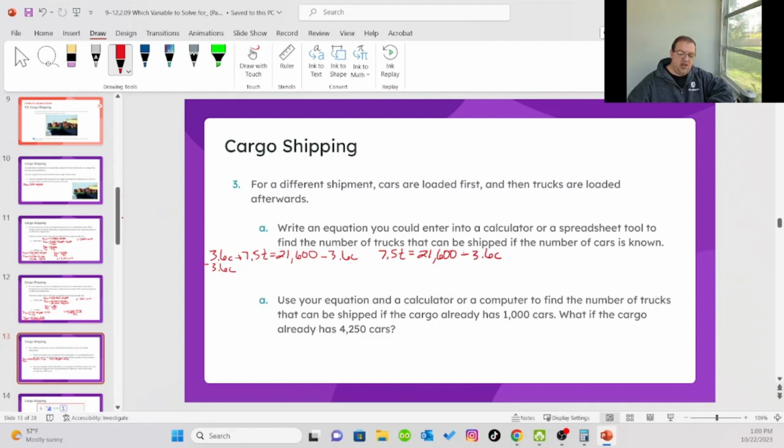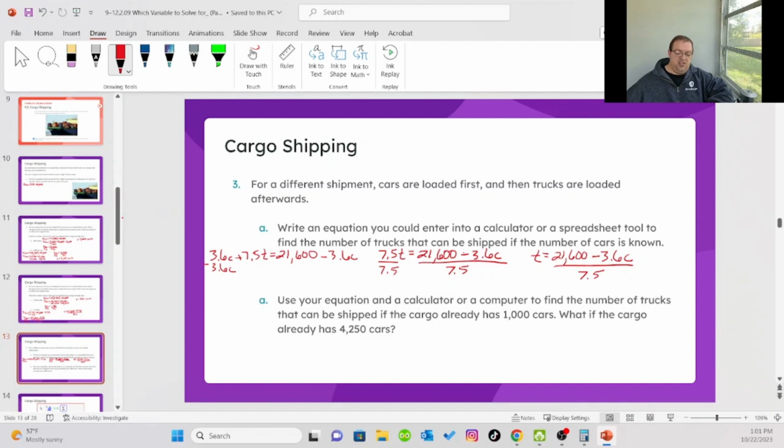And to get T by itself, I need to divide the left by 7.5, but if I do that, I must divide the right by 7.5. So my final equation is that trucks equal 21,600 tons minus 3.6 tons per car divided by 7.5 tons per truck.